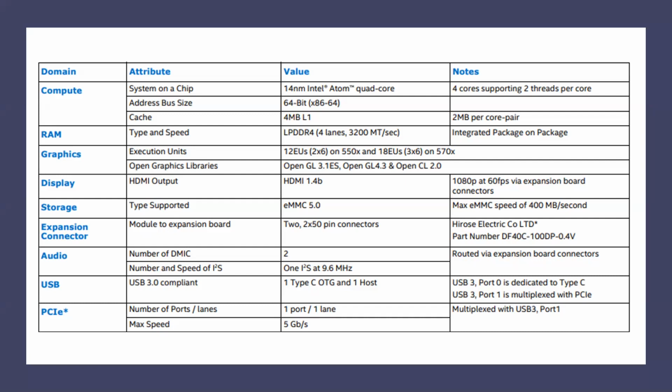Address bus size is 64 bit, and cache memory is 4 MB. So level 1 cache is 4 MB here. In Intel we have seen that there are different levels of cache memory, level 1, level 2, like that.